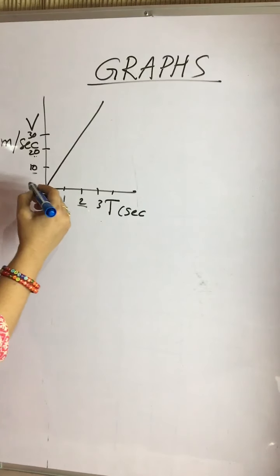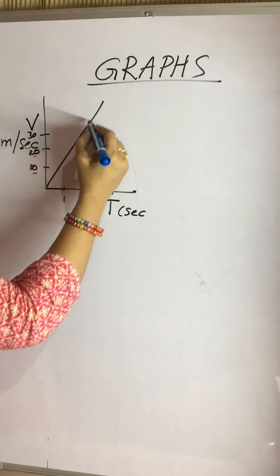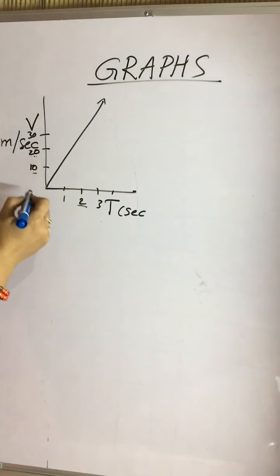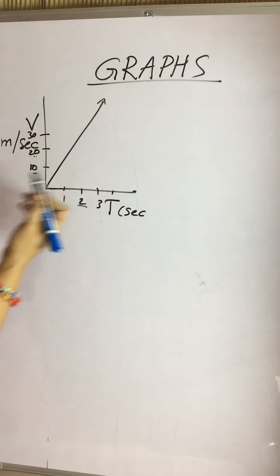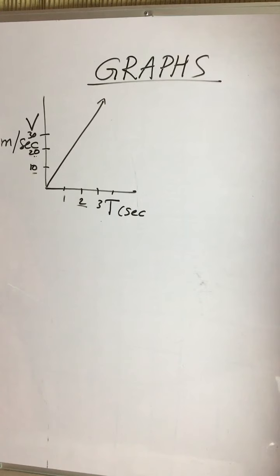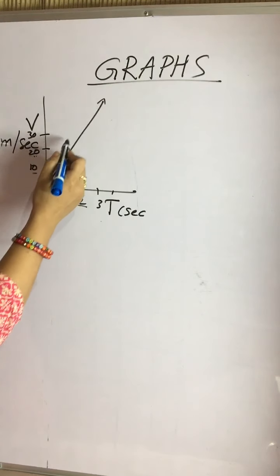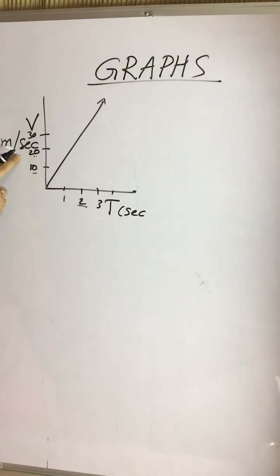Means the body is increasing the speed. The velocity is increasing as the time passes, because here I have not taken distance, students. Here I have taken velocity, means speed. It is continuously increasing its speed.